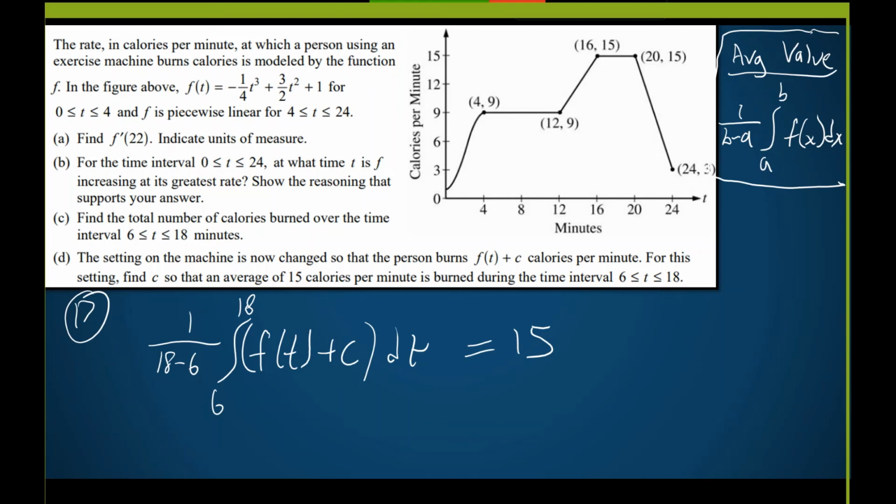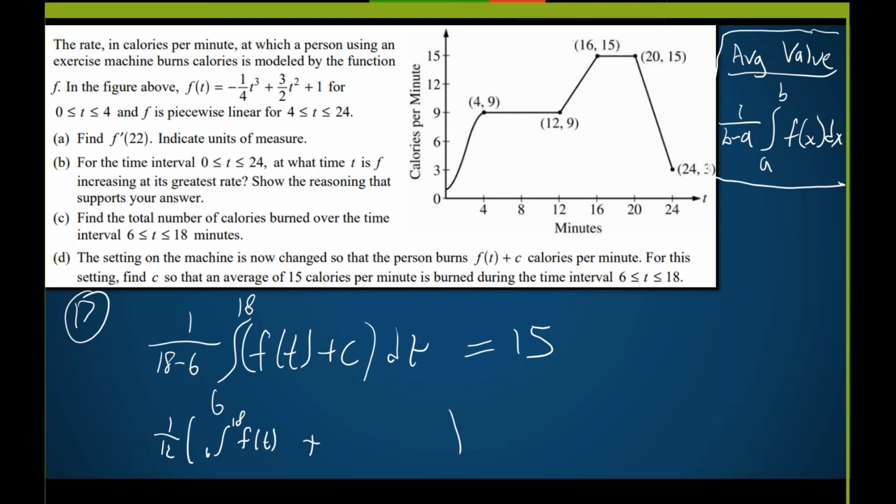So first, this is 1 over 12 times the integral from 6 to 18 of f of t, which we found in the last problem, actually. We already found the area from 6 to 18 of f of t, so I won't need to do that again. I'm going to break this apart. I can do that because we're adding, and integration is just repeated addition.